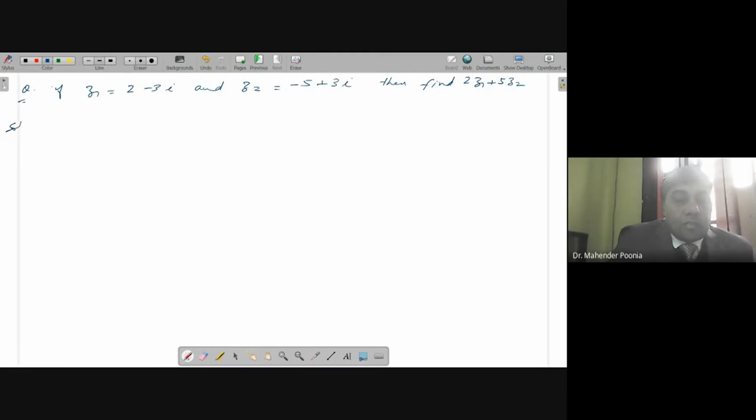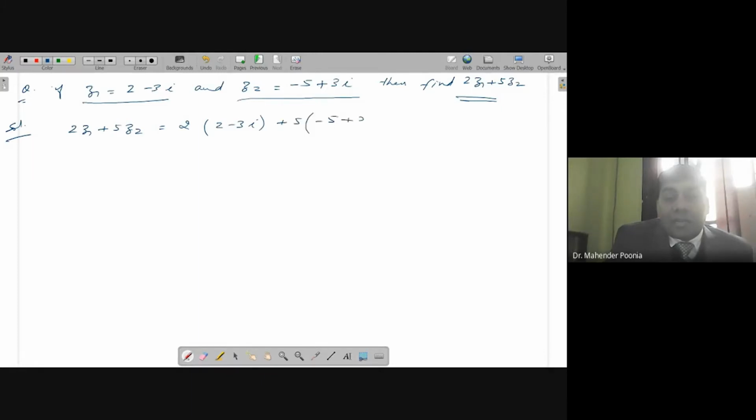So the solution: it is given that z1 is a complex number 2 minus 3 iota and z2 is another complex number minus 5 plus 3 iota. Our target is to find 2 into z1 plus 5 into z2, which is very simple. We have to put the values of z1 and z2. 2 into z1, that means 2 minus 3 iota, plus 5 into z2, which is minus 5 plus 3 iota.